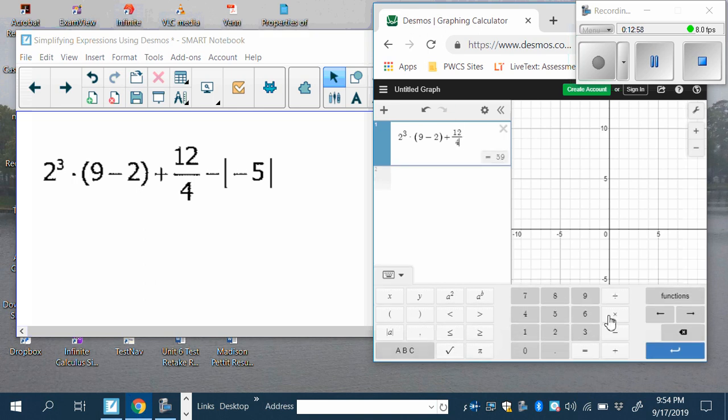Now, to get out of this, I want to arrow over again, right? And minus, and I do the absolute value of -5. Absolute value again, and what do you know? There you go. How beautiful is that, right?